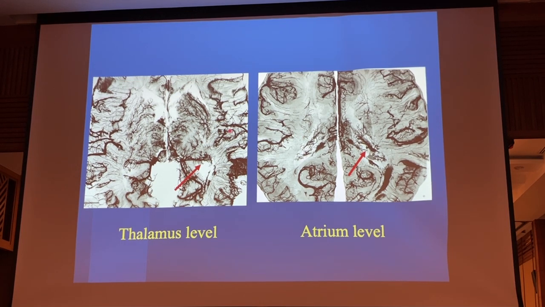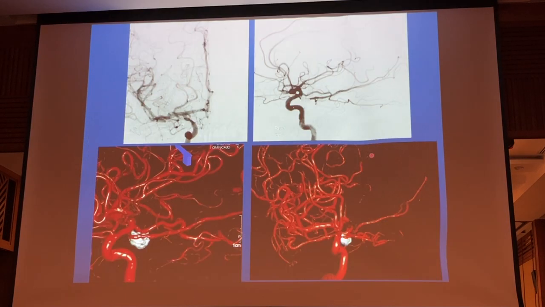At the thalamus level, on the opposite side, you can see this territory is anterior choroidal artery supply, and this eventually goes to the atrial level and supplies the choroid plexus. As both Carpenter and Allen demonstrated, this anterior choroidal artery may maintain telencephalic territorial supplies.